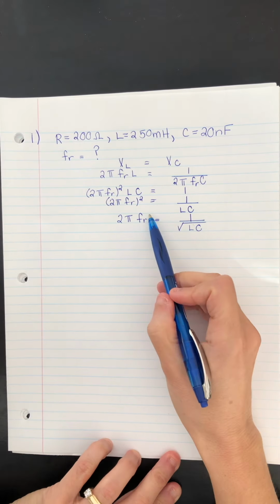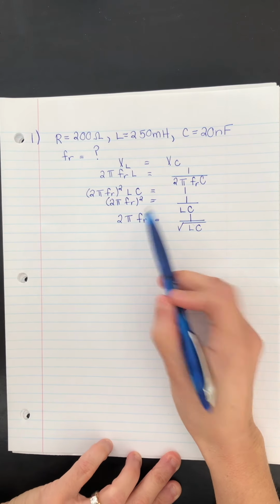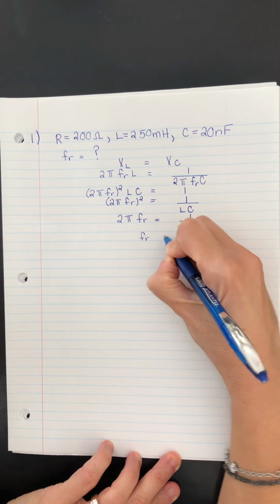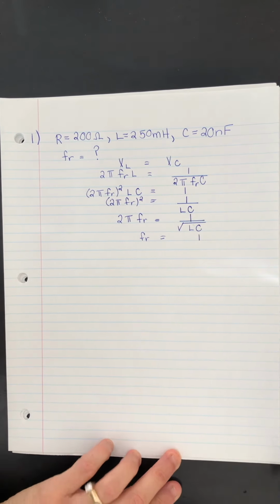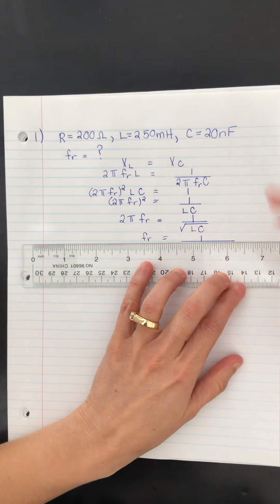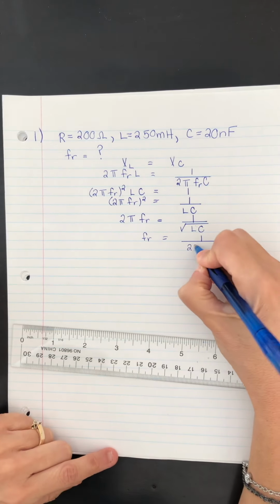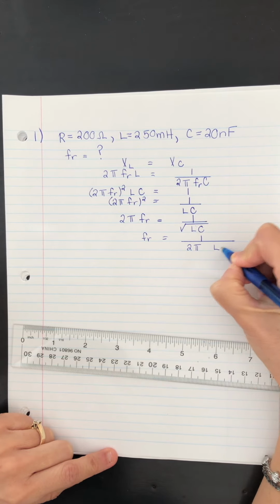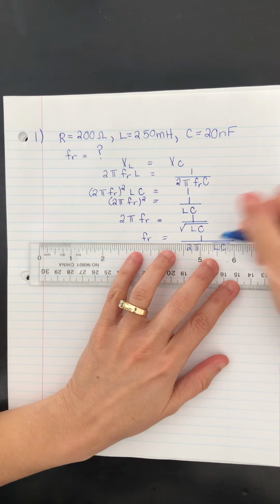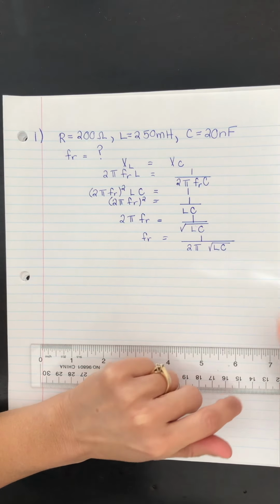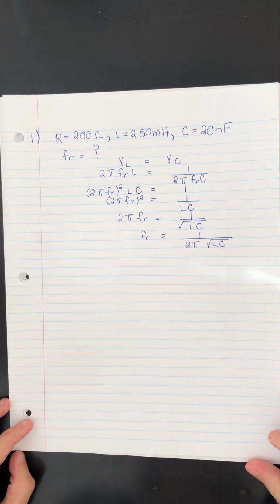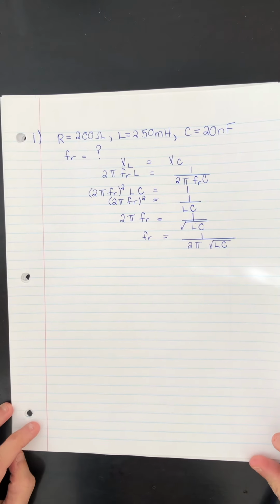Okay, last step to get FR by itself is just to divide both sides of the equation by 2 pi. And so that gives us this final equation. The resonant frequency is equal to 1 over 2 pi times the square root of L times C.